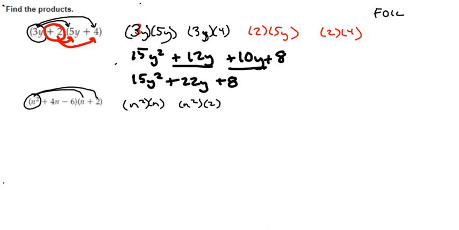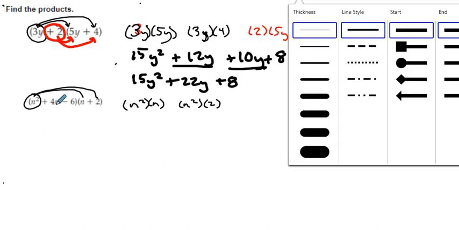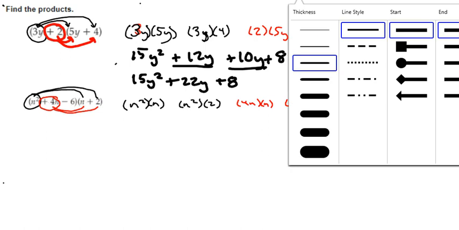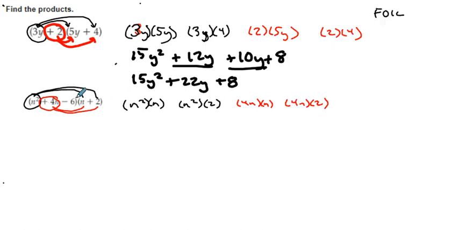Now we're going to switch colors here just for clarity purposes, and we're going to do 4n times n, and then 4n times 2. Sweet. Change colors one more time. And then we're going to do -6. Remember, you got to include that sign, times n, right? So -6 times n, and then -6 times 2.